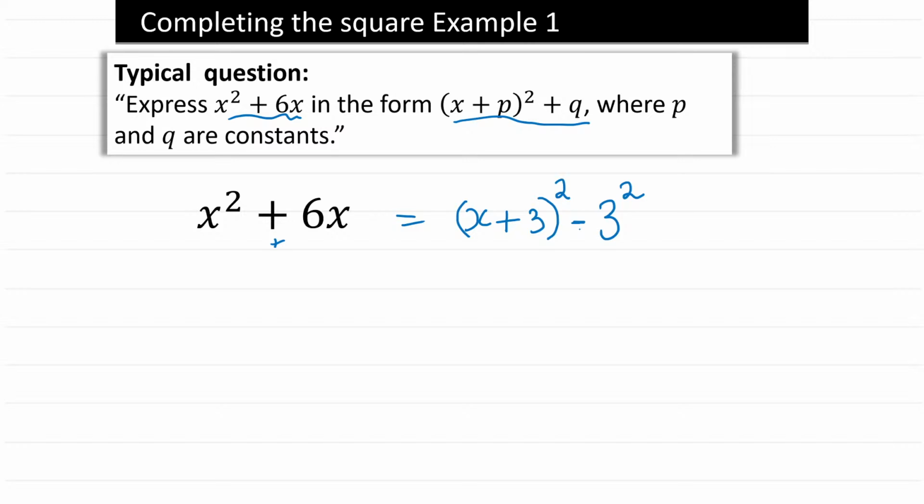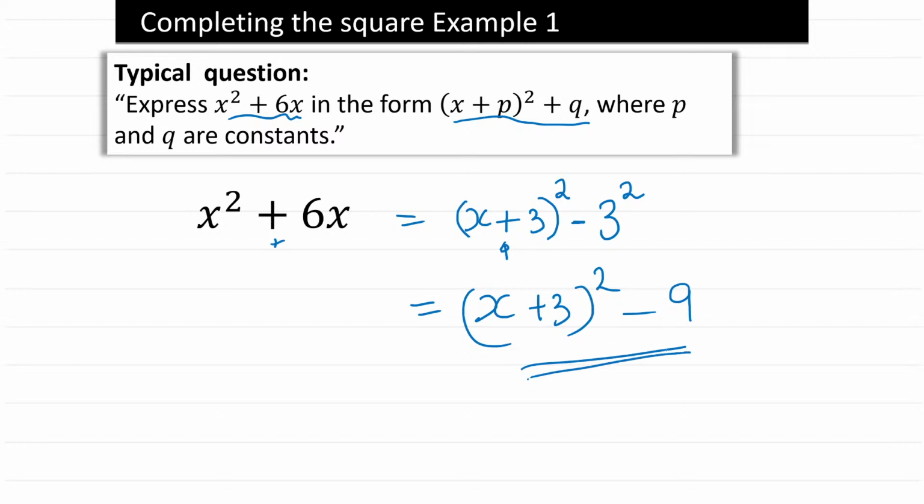Don't worry about this minus, it is not related to this sign over here. If it is minus there, it's still minus here. If it is plus here, it's still minus there. So minus 3 squared. And now you can write this as (x plus 3) squared minus 9. And this is the answer to this question.